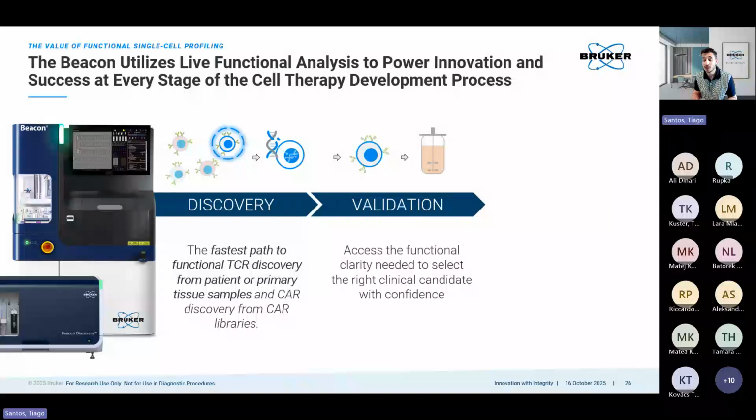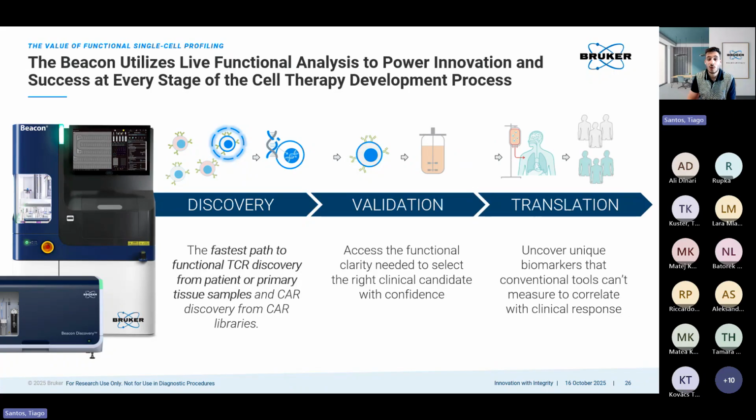In validation, it provides functional data to distinguish which of the candidates is more functional, giving researchers the confidence to move forward with a given candidate. And on translational, more and more we see researchers publishing this combined data as a biomarker to predict response or non-response in patients.